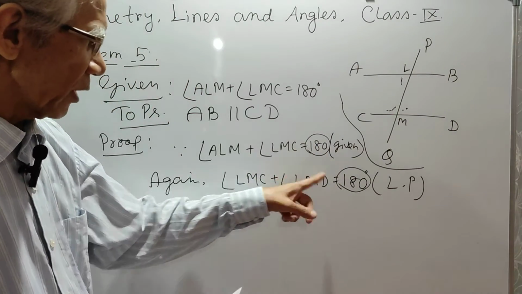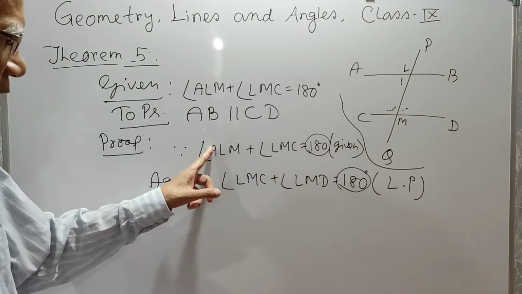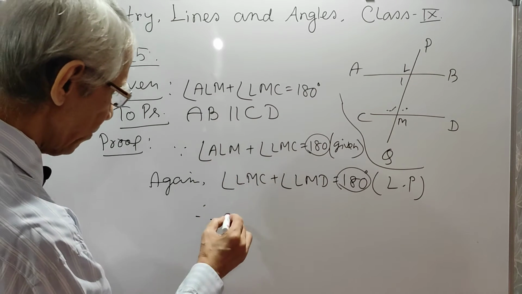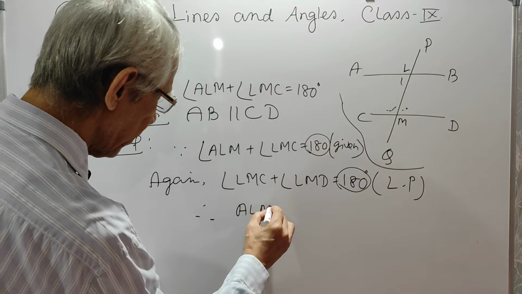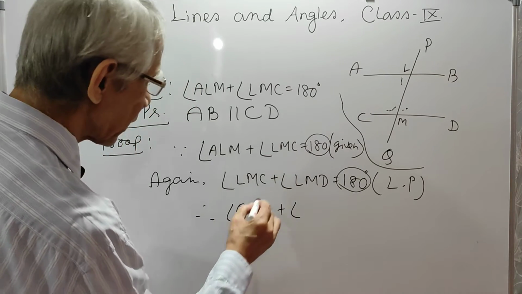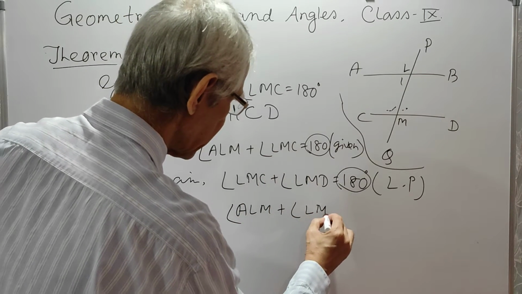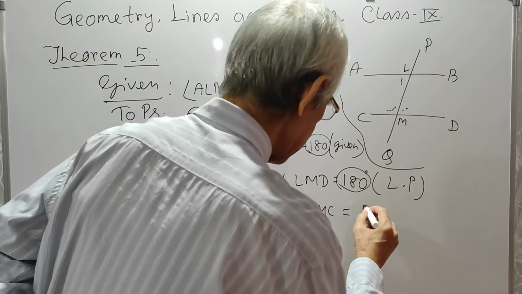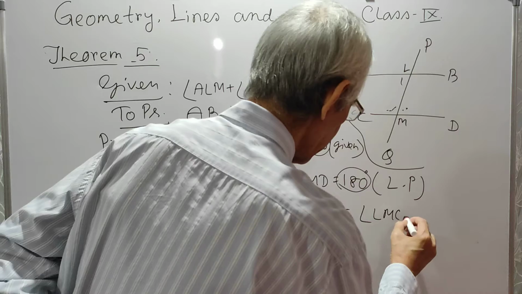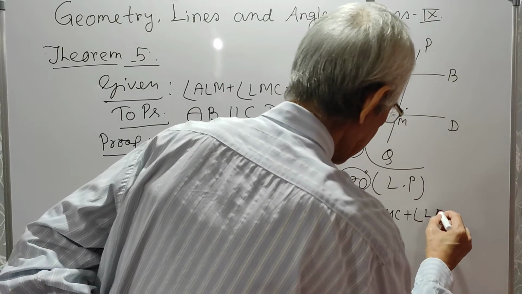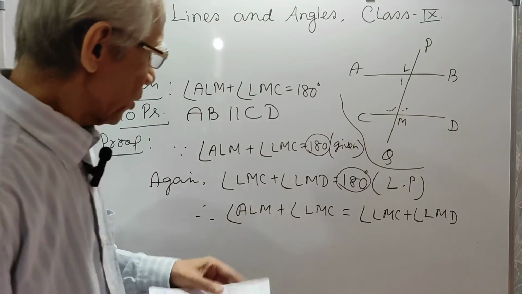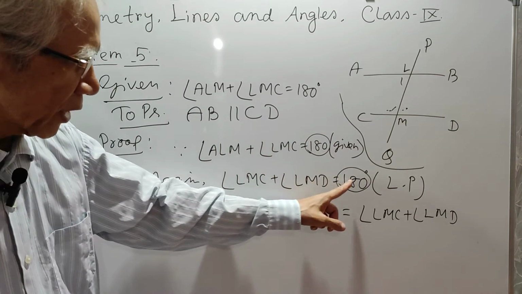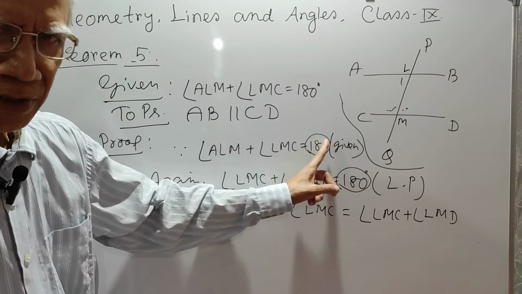So right hand side is equal, therefore left hand side must be equal. Therefore this plus this equal to this plus this. Therefore what we conclude, ALM plus LMC is equal to LMC plus LMD. This angle plus this angle 180 degrees, again this angle plus this angle 180 degrees, so 180 degrees same.